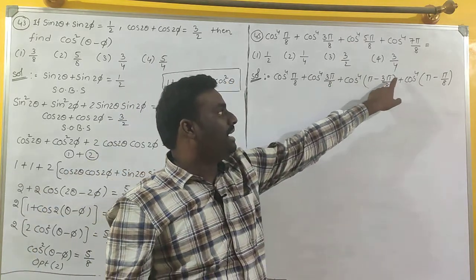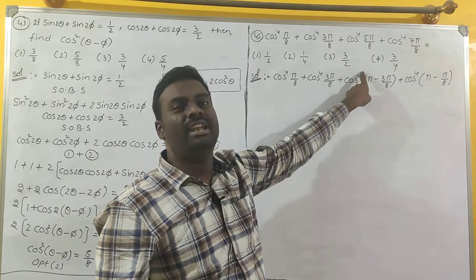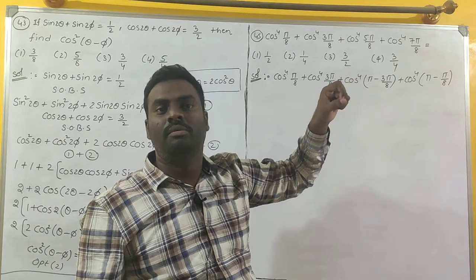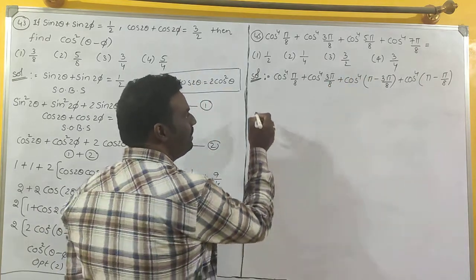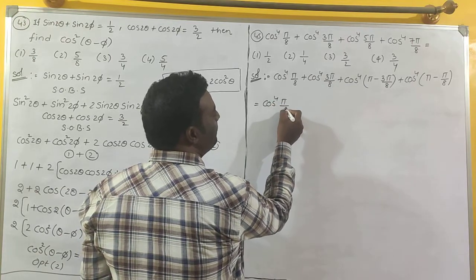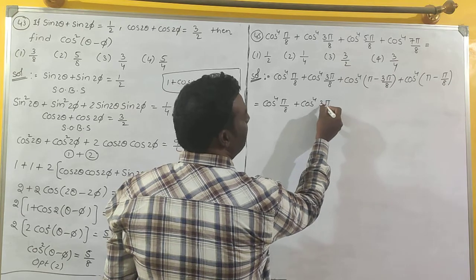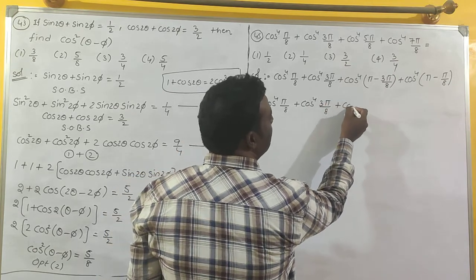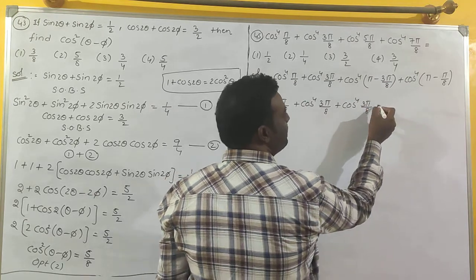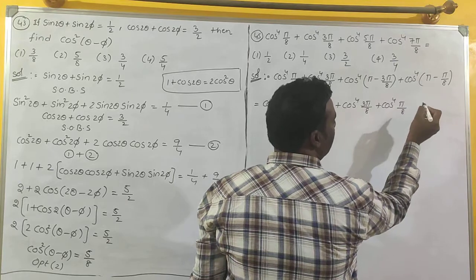But cos (180 minus theta) is minus cos theta. But here power is what? Even number. Minus of even number will give plus. Now it can be written as cos power 4 pi by 8, cos power 4 3 pi by 8, again this is cos power 4 3 pi by 8, again this is cos power 4 pi by 8. Why?